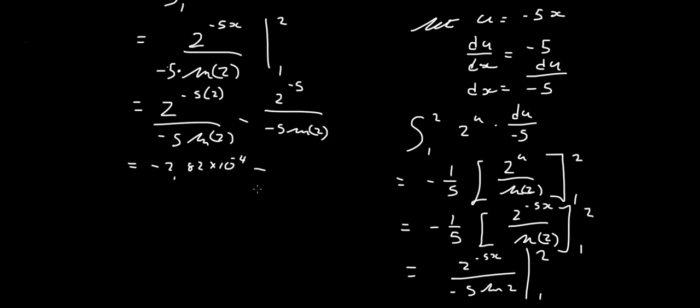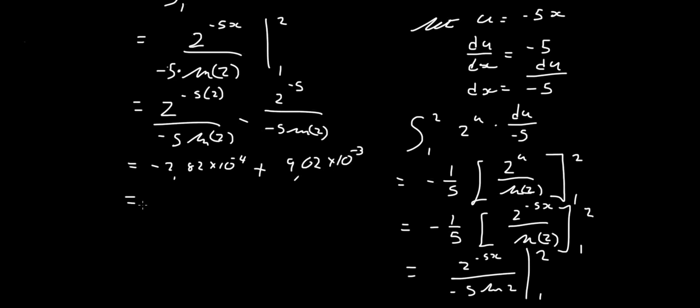Minus, and then we substitute in 1 for x and we calculate this point, which is going to give us 9.02 times 10 to the negative 3.